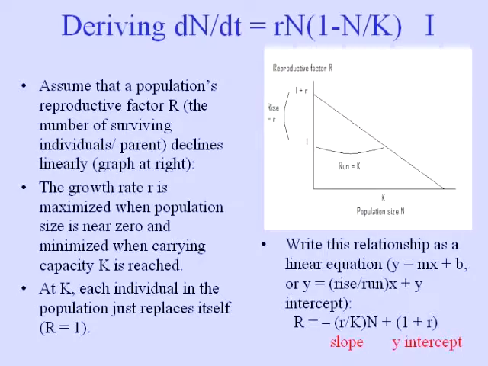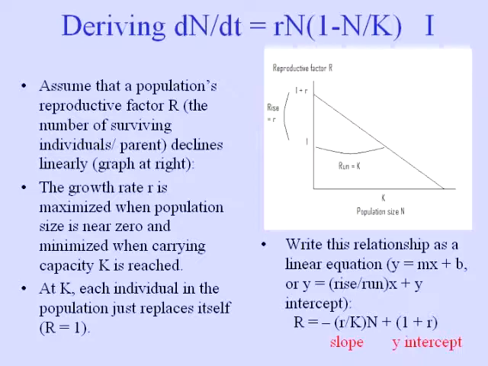So from the graph we can see that the rise, the increase on the y-axis, will be going from 0 to 1 plus r, r being the maximum rate of growth and the 1 coming from the level of growth at carrying capacity.